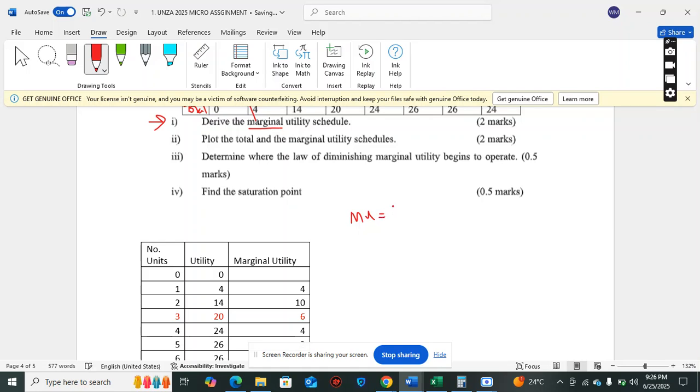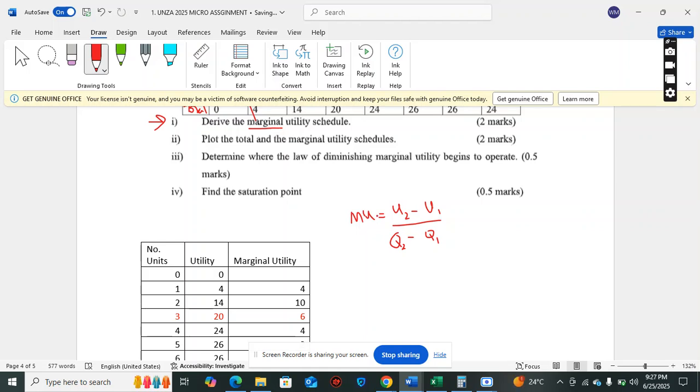Your new total utility minus your old total utility, and then the new consumption, I'll put it as Q, this number of units here, I'm taking it as Q minus the old number of units. This is how you get your marginal utility.